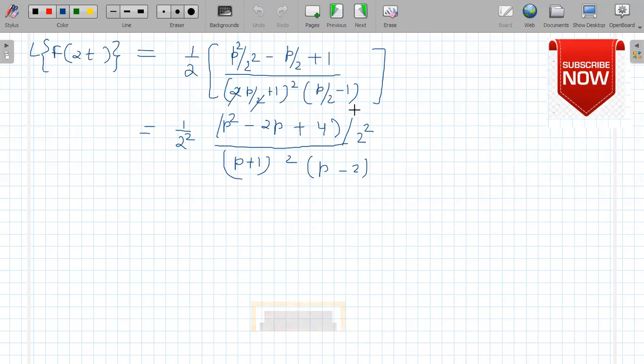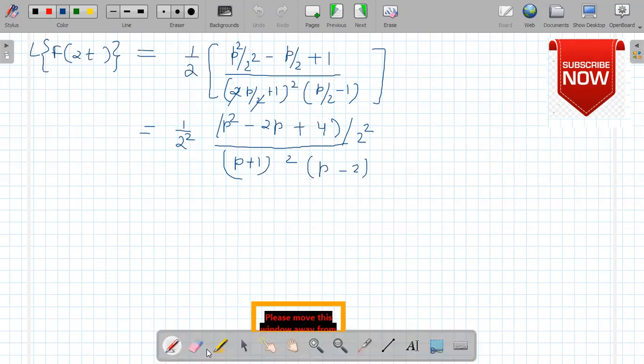Yes, this 2 will come in the denominator, and this 2 will go upwards. This will not be a square here. Let me make a correction here.